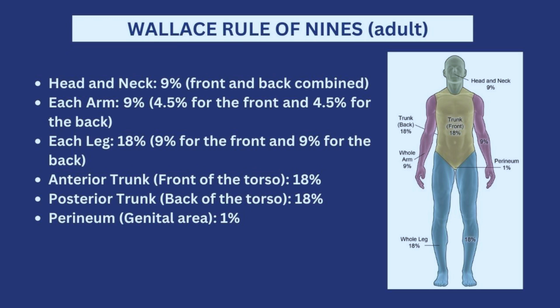The anterior trunk is 18%, the posterior trunk is 18%, and the genital area is the only part that is not a multiple of 9, which is just 1%. So depending on which part of the body the burns affect, the Wallace rule of nines can be used to quickly estimate what percentage of the body surface area is affected by a burn injury.